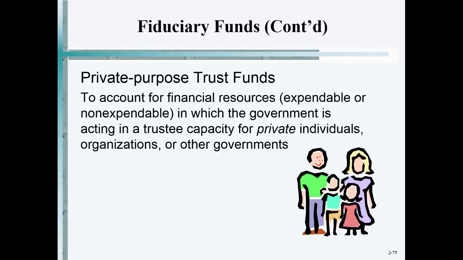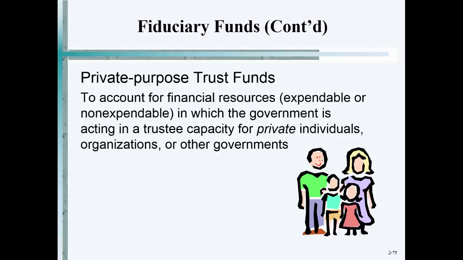Okay, so the key thing right now is that you simply understand that we have three categories of funds, right? Three categories of funds: our governmental funds, our proprietary funds, and our fiduciary funds. Governmental funds, we have what? Our GRAS funds: general fund, special revenue fund, debt service fund, capital project fund, permanent fund.